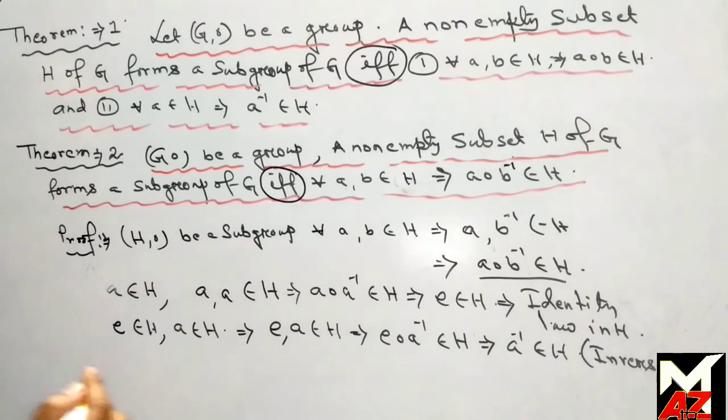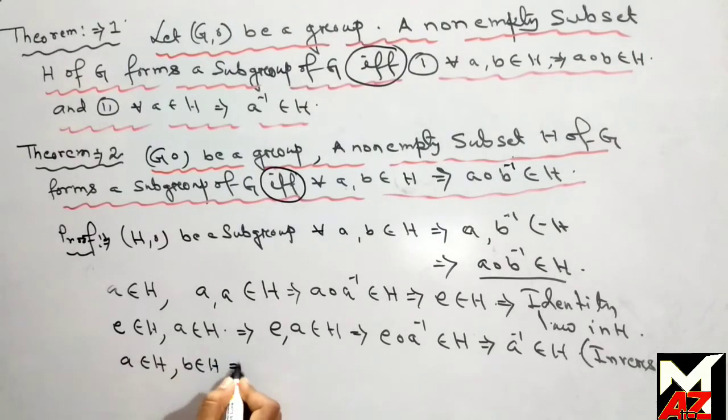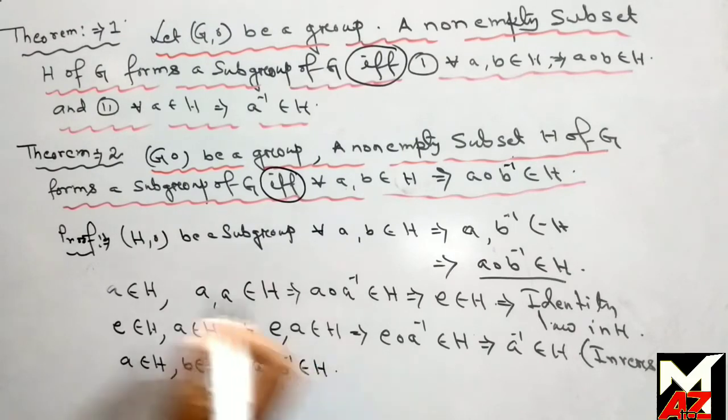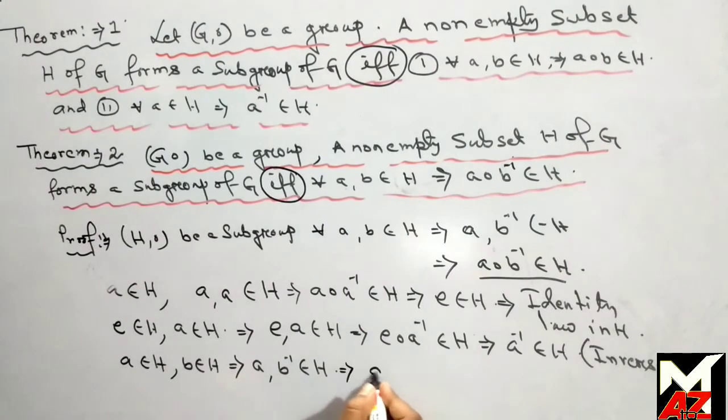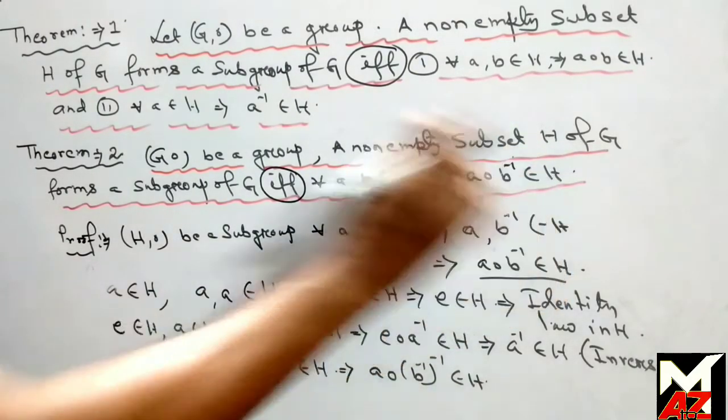Now we take A belongs to H and B belongs to H. This implies A B inverse belongs to H by using the inverse property, and this gives (A composition B inverse) whole inverse belongs to H because of the given property.